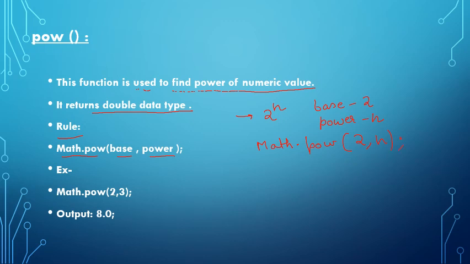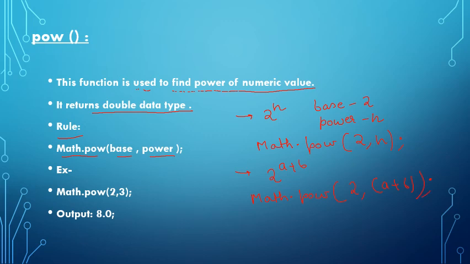If it is written like this, 2 to the power a plus b, how can you write it in Java? Math.pow, base is 2, power is a plus b. So you write a plus b in brackets, then close the bracket of the function.